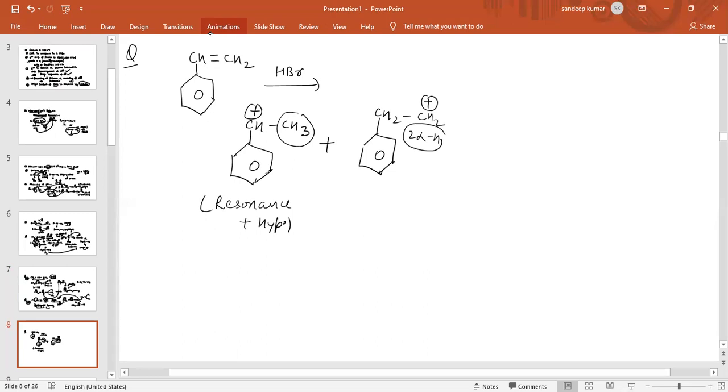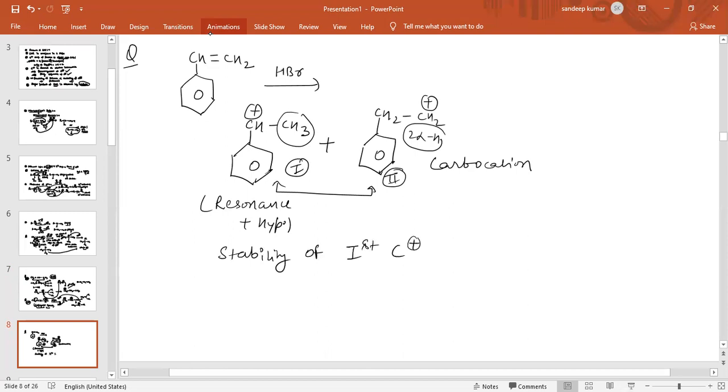Now, these two intermediates are basically carbocations. This is the first carbocation and this is the second carbocation, and we know the stability of the first carbocation is more than the second carbocation.